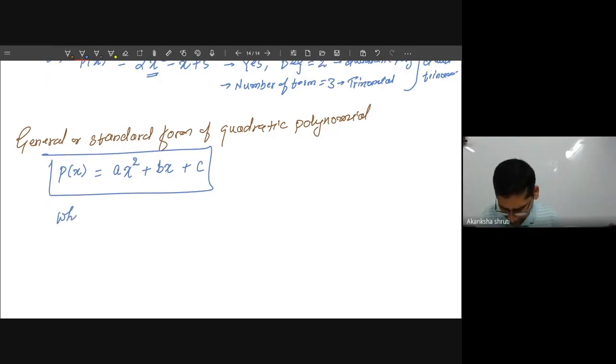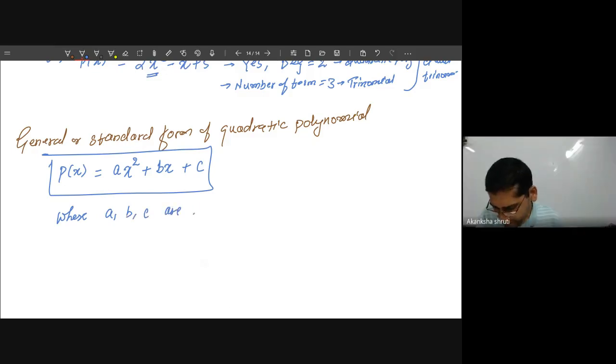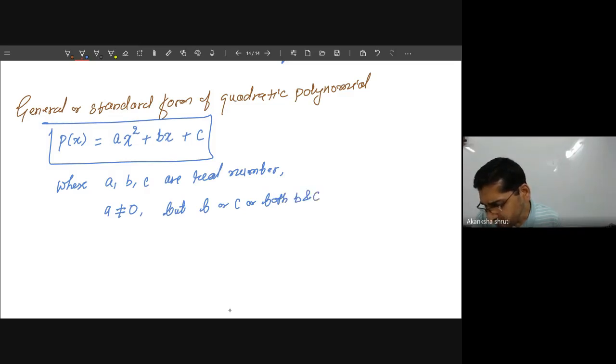Where, what are these a, b, c? Real numbers. Good. What is important here is that a cannot be 0, but b or c or both b and c together can be 0.